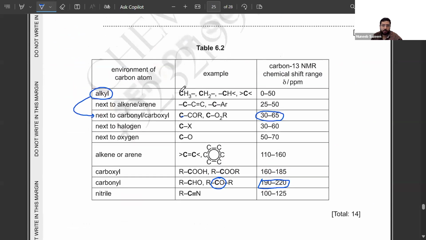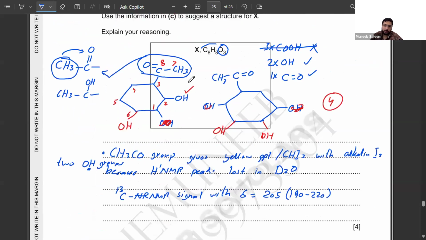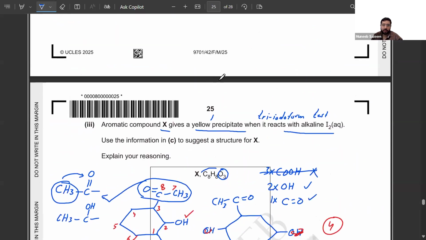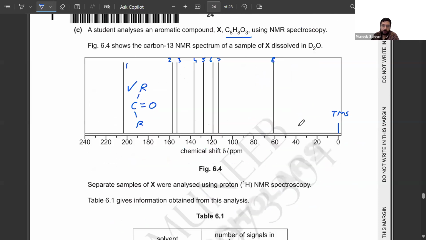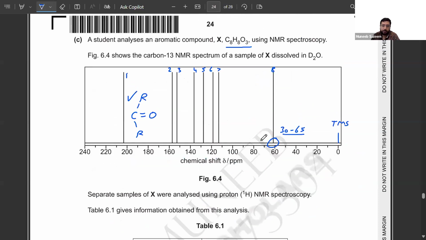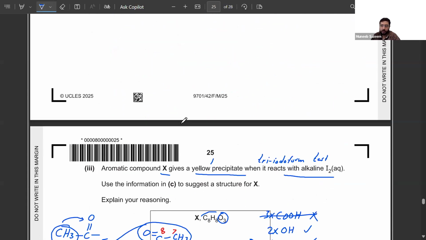So this is the one which is present in the structure, and we can see in the NMR spectrum, the 30 to 65 is this range. This is the one which is between 30 to 65 chemical shift value.